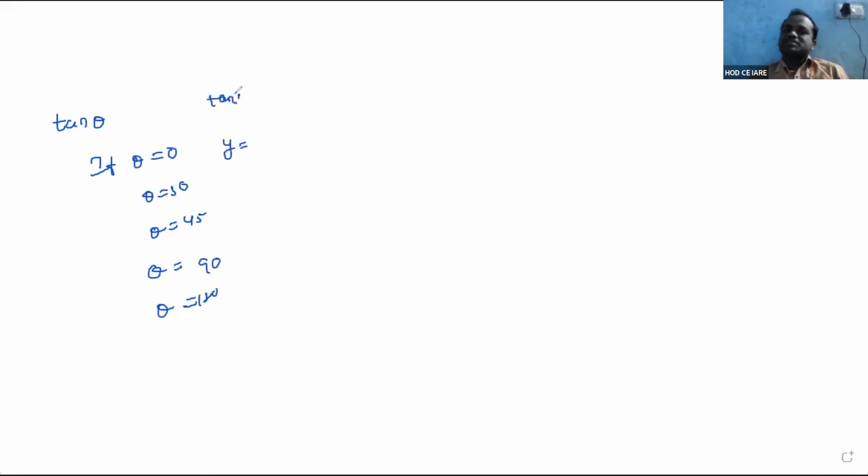If we take tan theta, is it a continuous curve or discontinuous? If we take theta equal to 0, 30, 45, and theta equal to 90, 120, taking these values, we get y equal to tan theta.